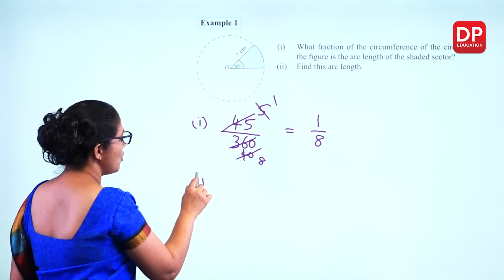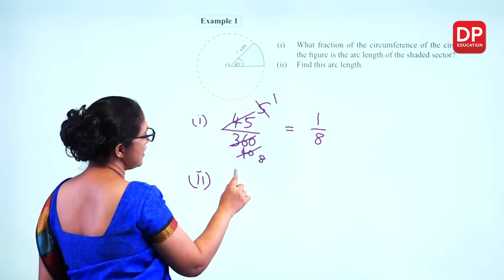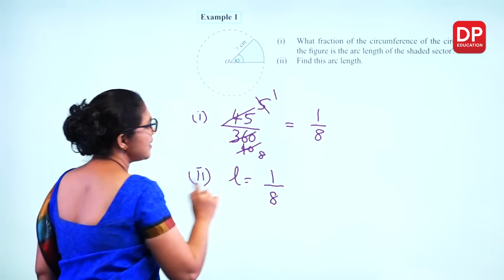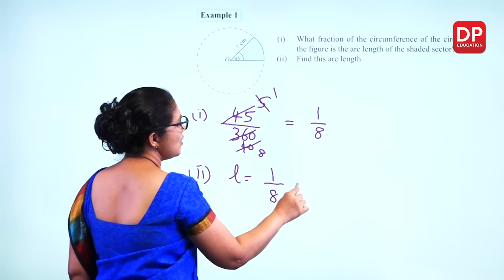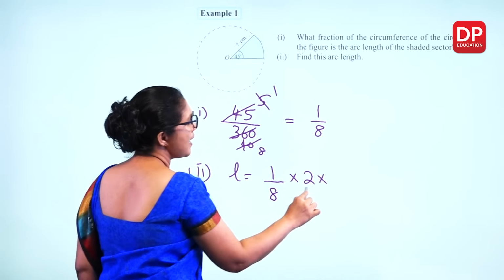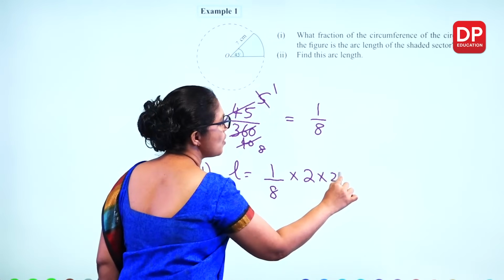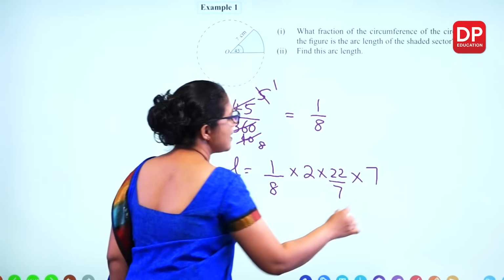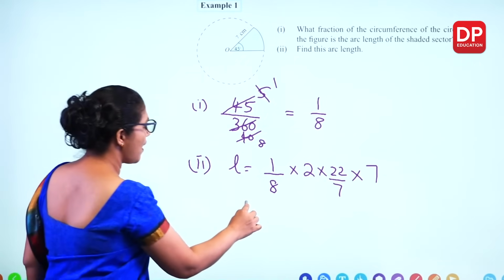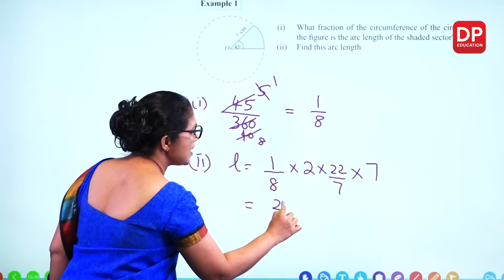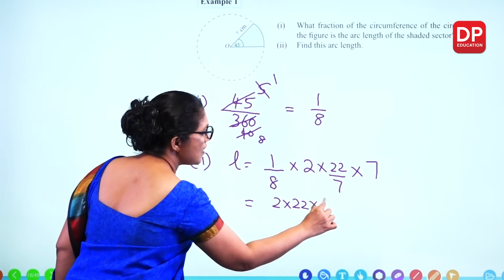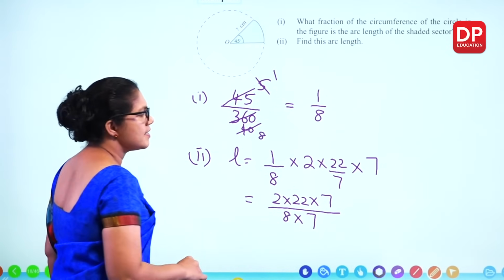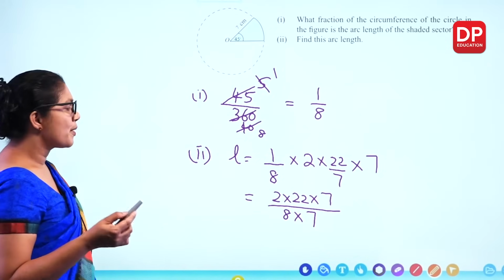For the second part, they ask us to find the arc length. We can straight away find the arc length using the formula: the angle over 360 into 2 pi r. Pi we can use as 22 over 7. The r value is given as 7. Now try to simplify. First we write 2 times 22 times 7 in the numerator and 8 times 7 in the denominator. Now see whether you can simplify.